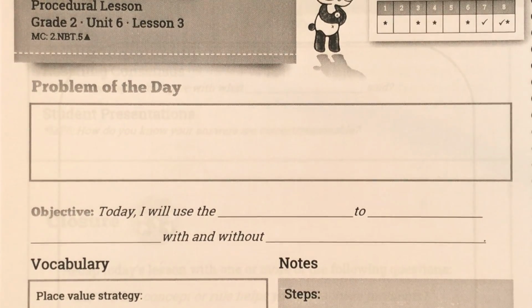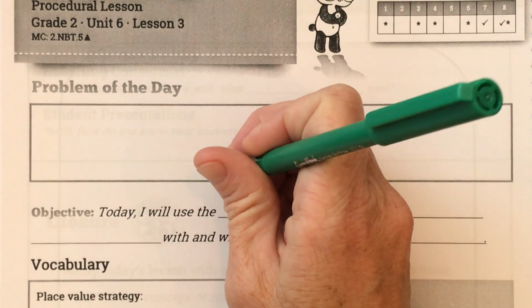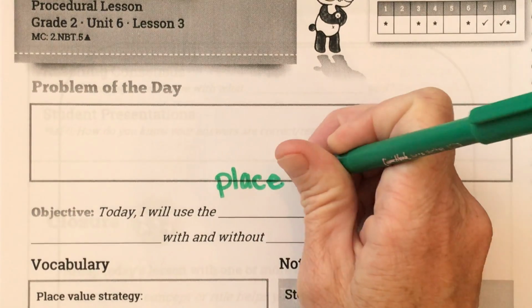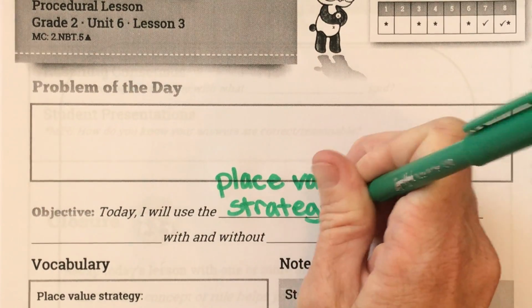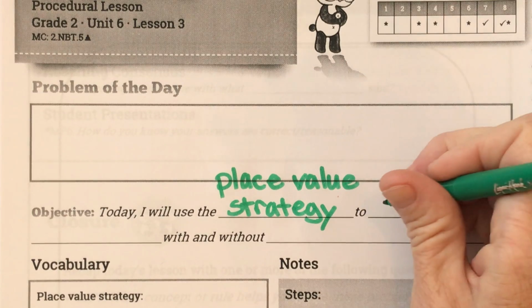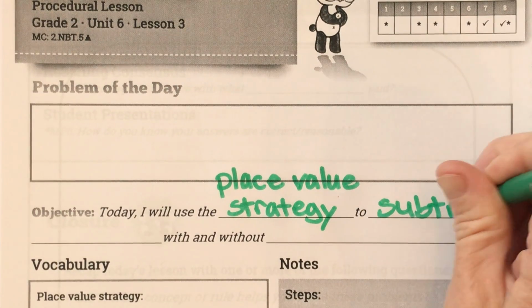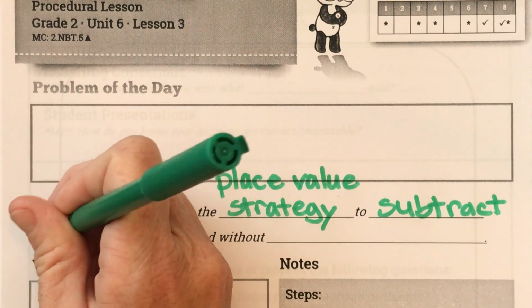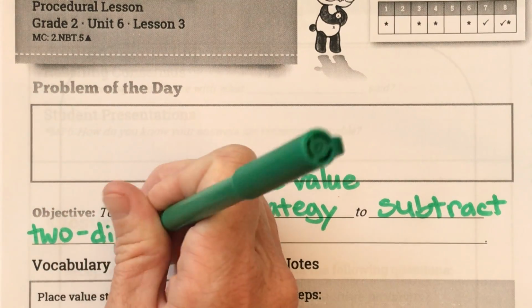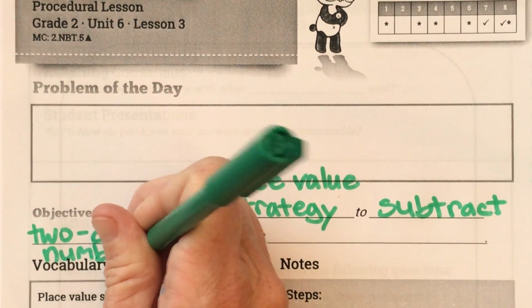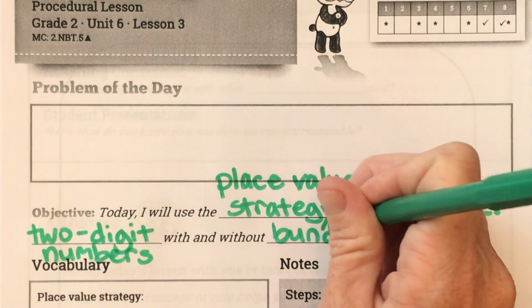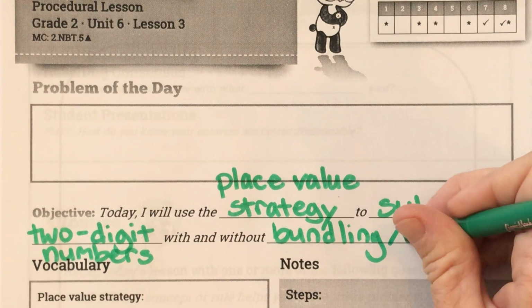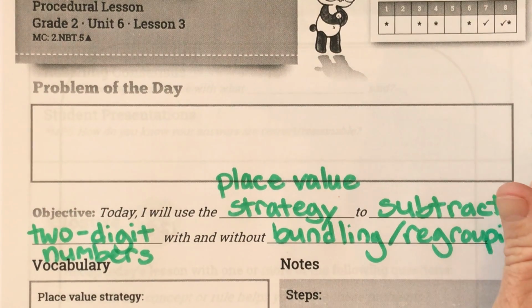We're on page 71. And our objective today is: today I will use the place value strategy to subtract two-digit numbers with and without bundling/regrouping.